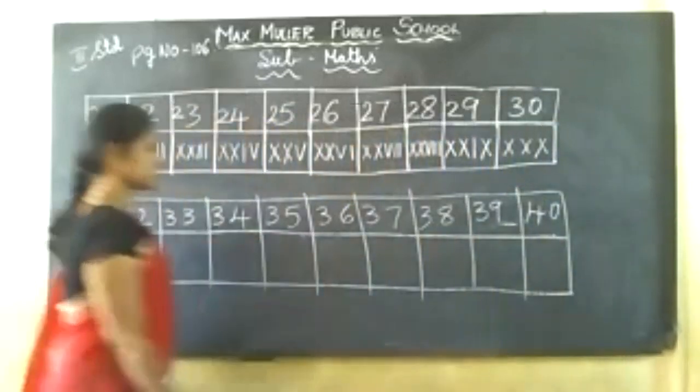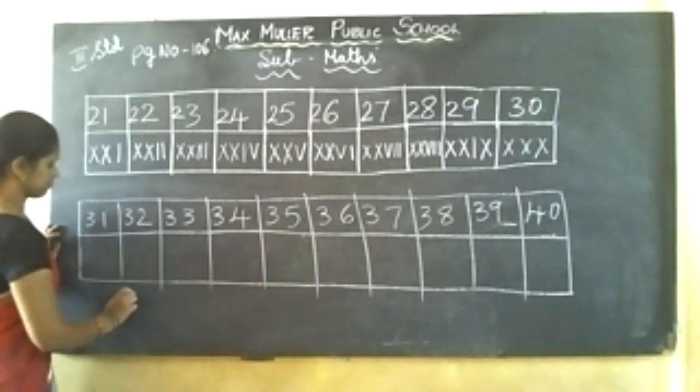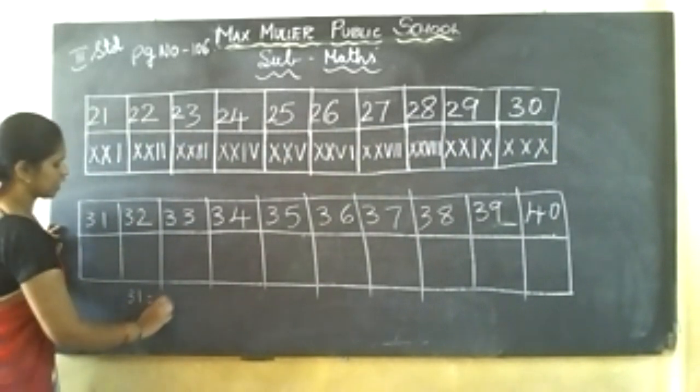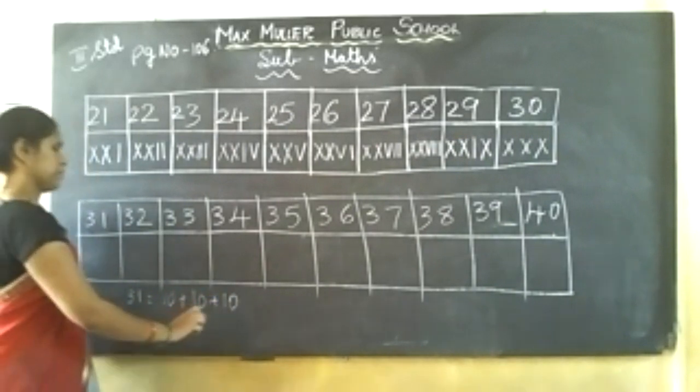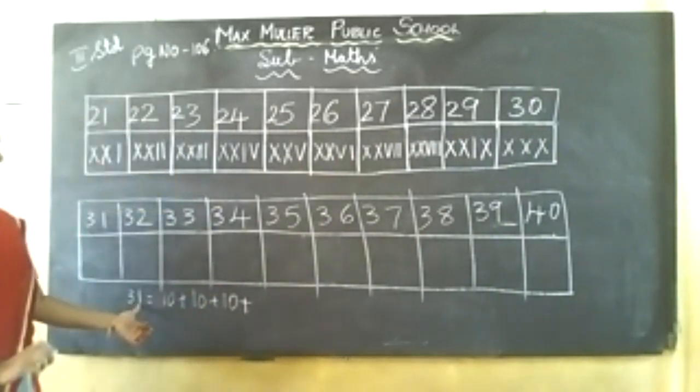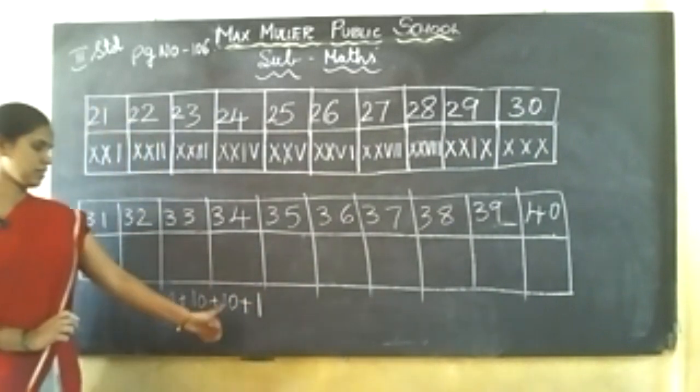So how will you write this one now? 31 they have given. So 31, how will you split this one? 31, 10 plus 10 plus 10 plus 1 means 1.